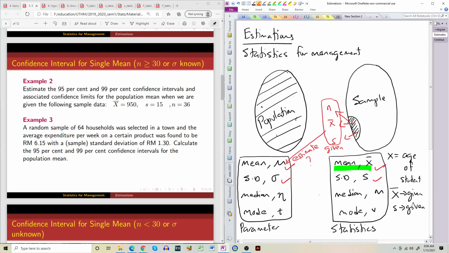We are going to estimate in an interval. What is the number here? Okay, this is going to be an interval, and this interval is known as the confidence interval.